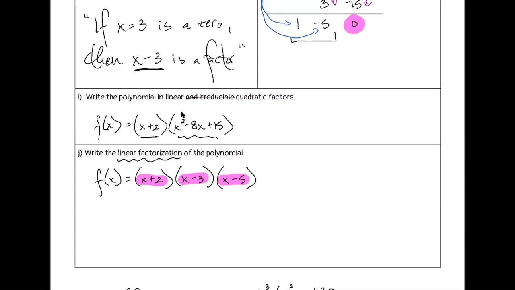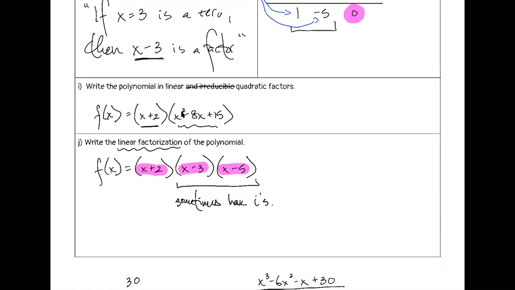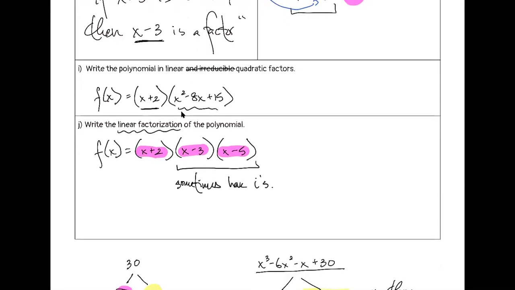Now, in some of the other questions we're going to look at, these sometimes have i's in them. So when we talked about complex numbers, that's going to come back in a little bit. Okay, so sometimes they have i's, and sometimes we need the quadratic formula. And let's write that here.